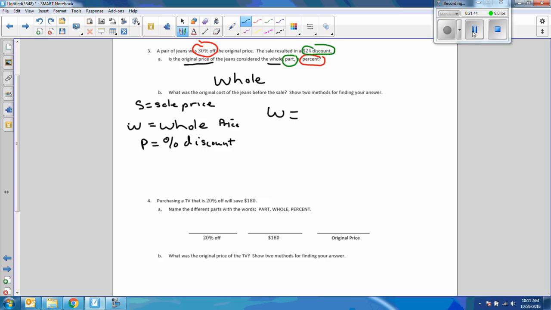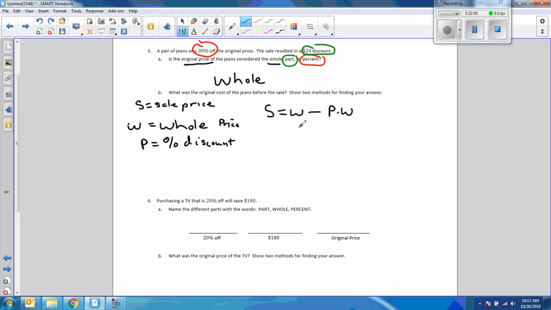Let me pause a sec. Okay, didn't want to confuse you there, so I wanted to pause. The sale price is going to equal the whole price minus what we're discounting the whole price. My apologies there.